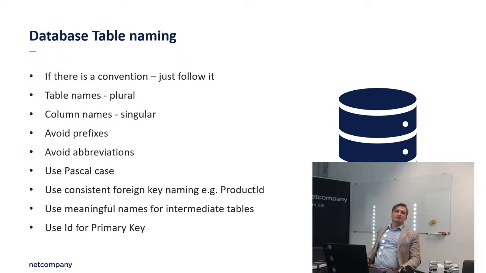For example, if you have a table users and newspapers or magazines, you should not name it newspaper users, even though it conveys the meaning more or less, but subscriptions would be more meaningful in this case.